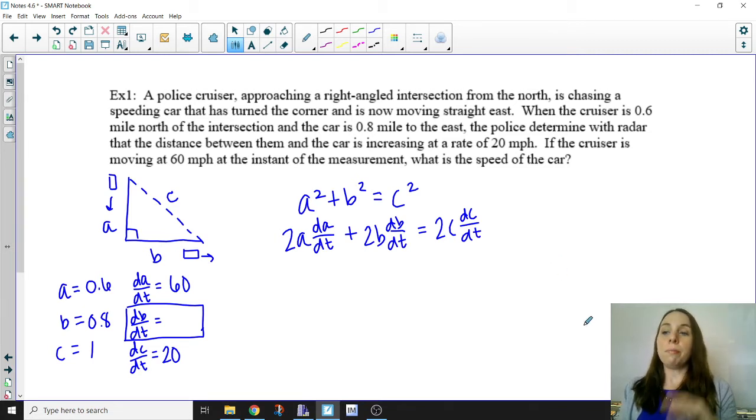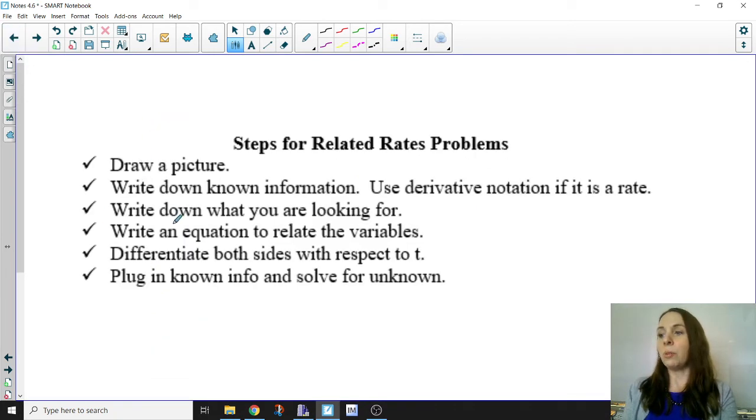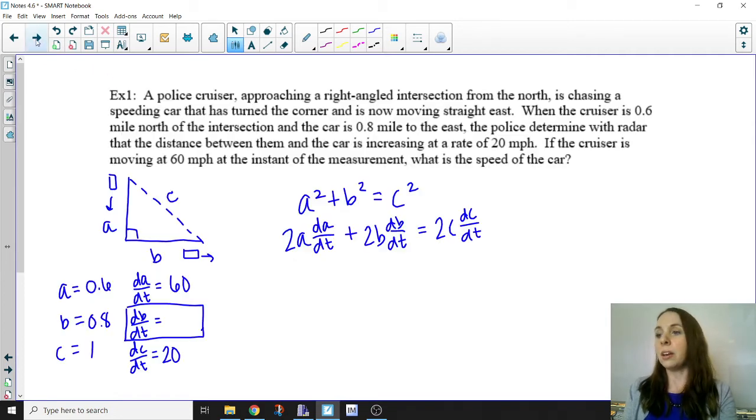All right, you've gotten pretty much through all of the possibly tricky parts of this problem-solving process now. What we're now ready to do is plug in known information and solve for our unknown. Okay, we only had one unknown, so that's good news.